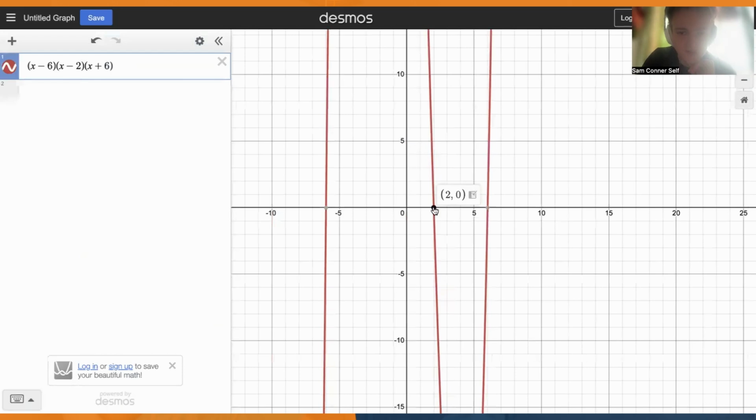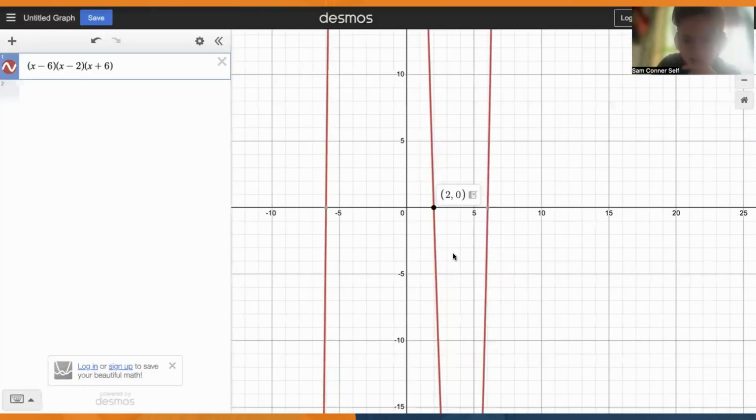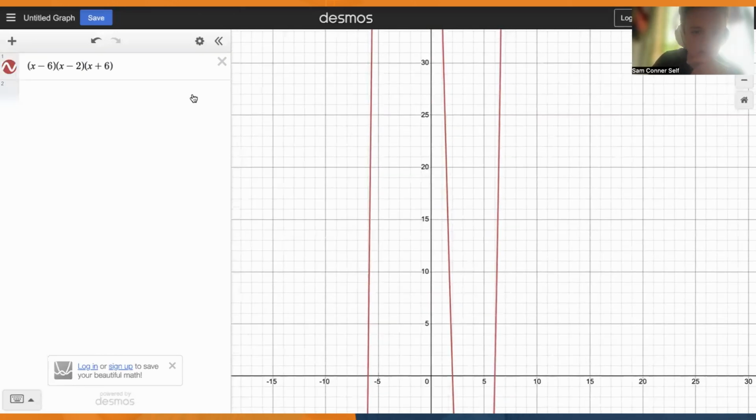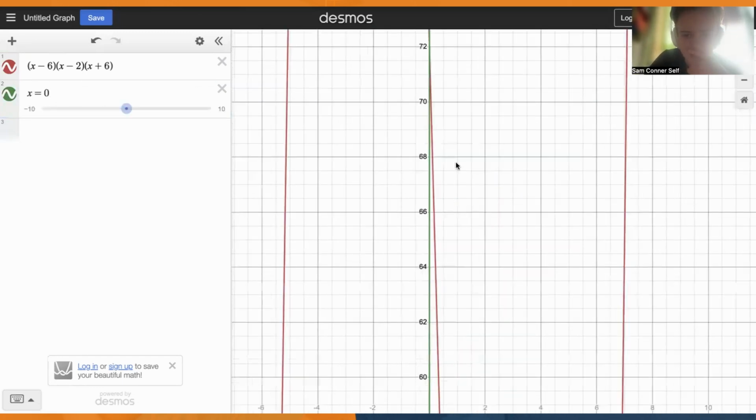First, we're going to find where 0 is on this function, so when x equals 0, let's see where that intersects.